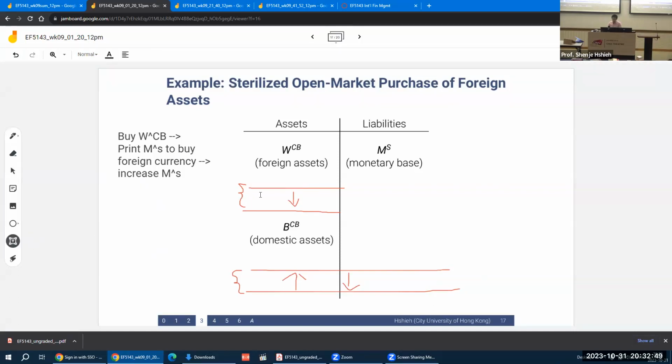And then I'm going to use that to buy WCB, right? I'm going to continue this chain of logic. And then to sterilize it, I'm going to sell the CB, base capital.